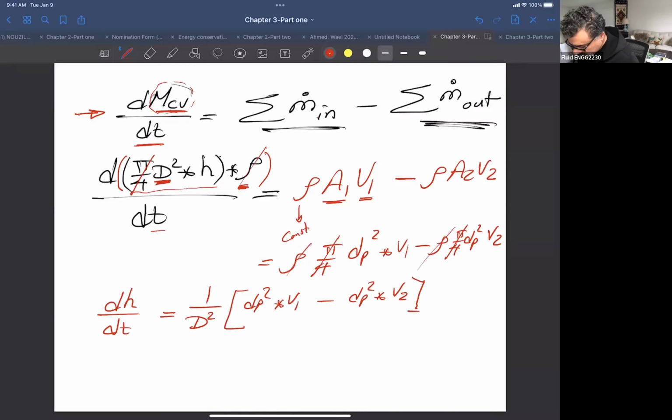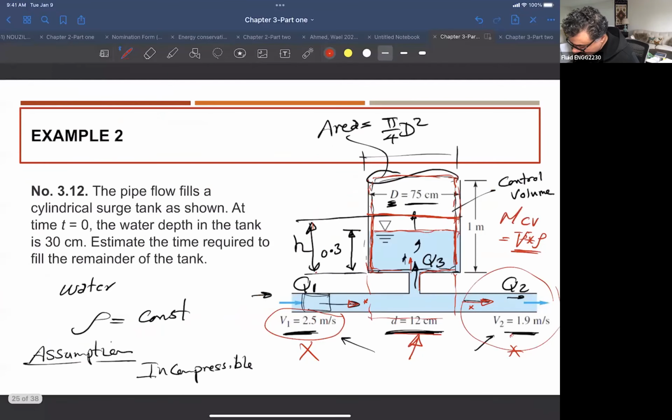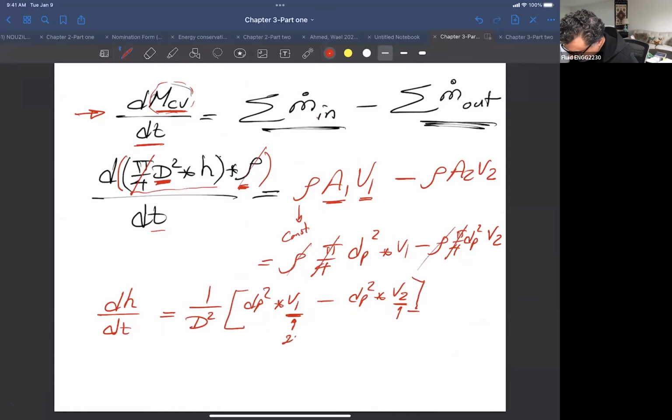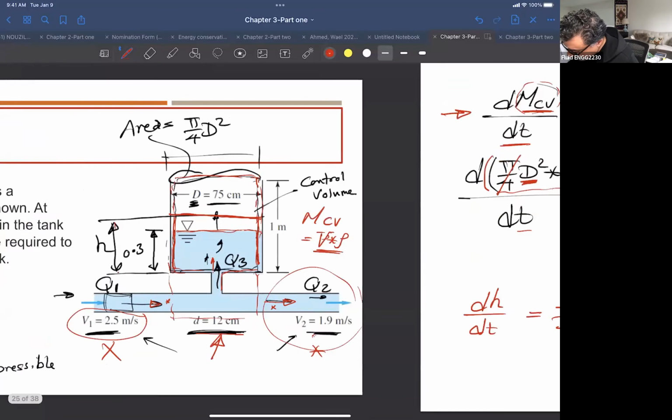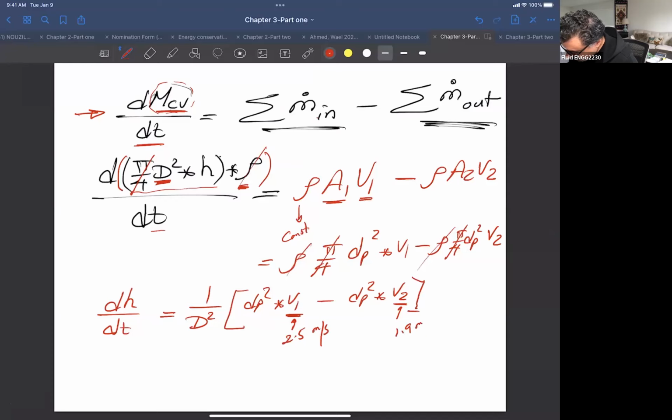Okay. So I know what V1 is, I know what V2 is. V1 is 2.5 meters per second. V2 is 1.9 meters per second. The diameter of the pipe is 0.12 meter.